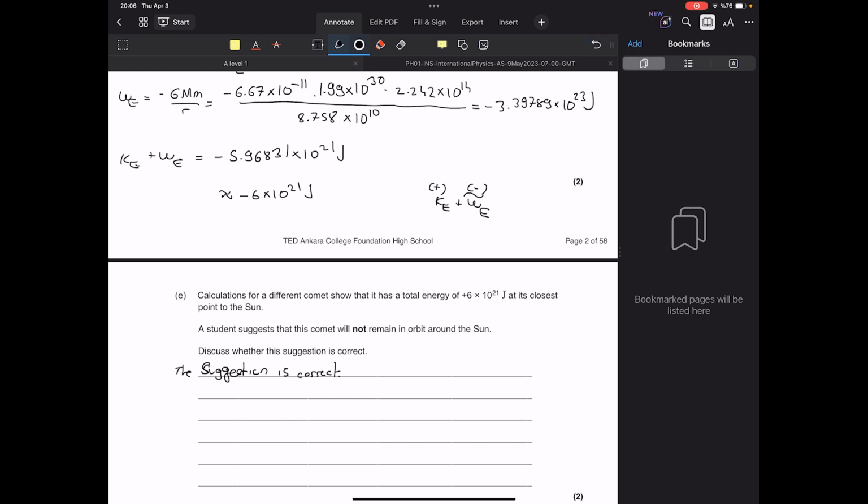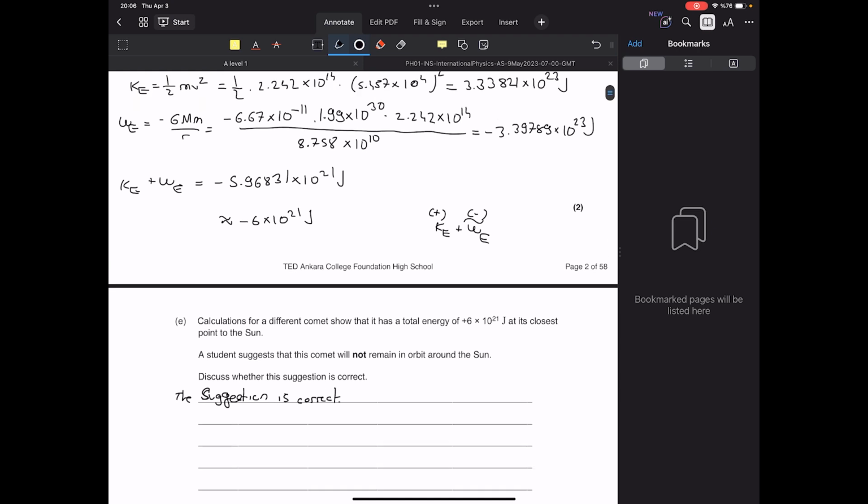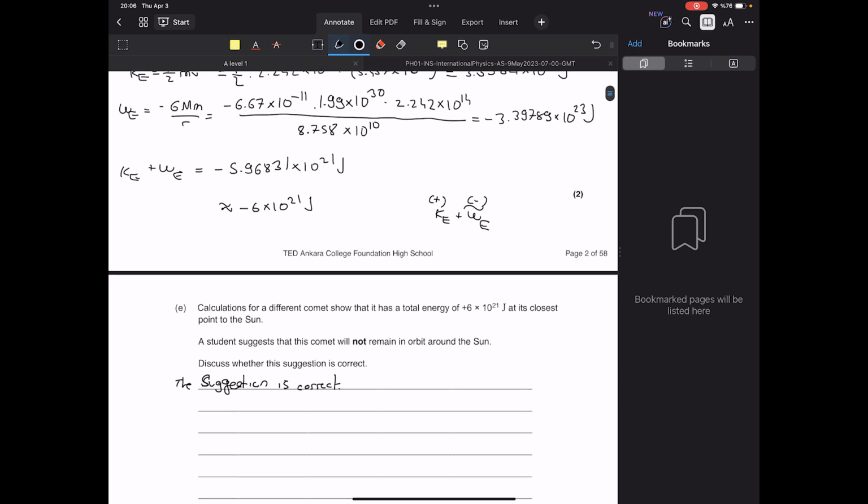If this kinetic energy is less than the absolute value of this potential energy, then the body will remain in orbit. For the body to escape from orbit to infinity, it has to have a kinetic energy equal to the absolute value of the potential energy, at which point the total energy will be 0.